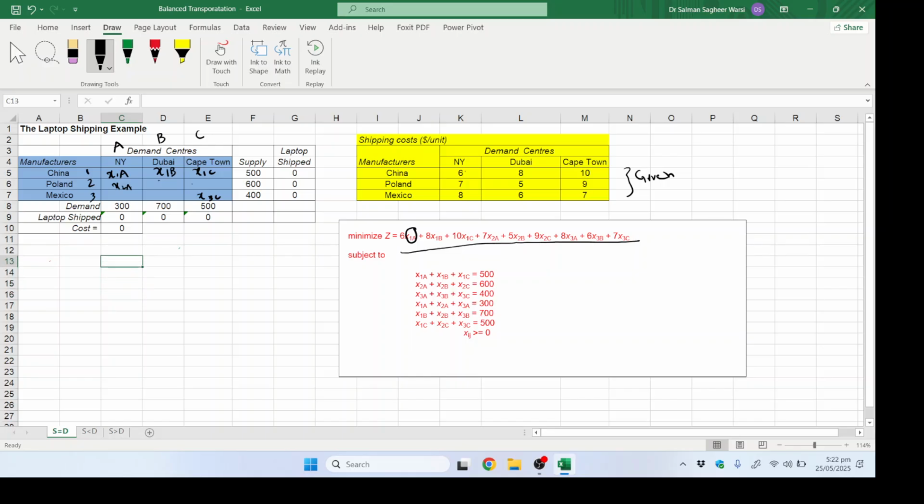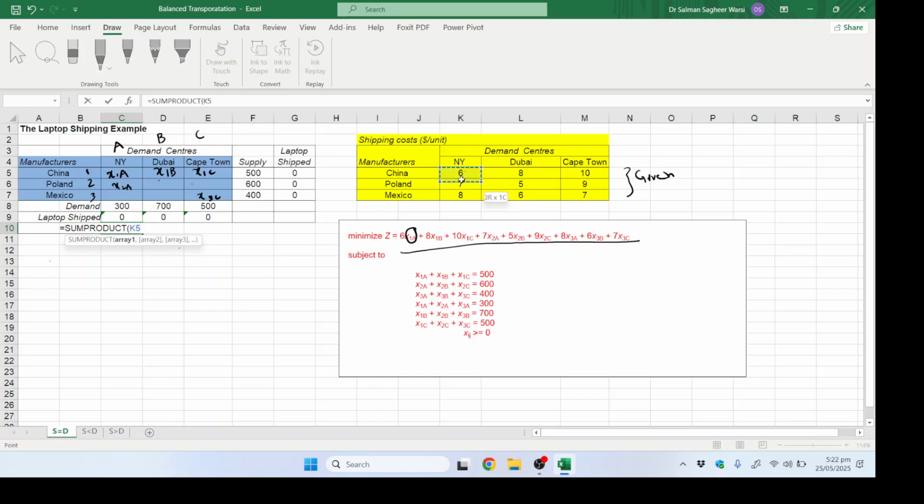To write the formula for the objective function, the unknown quantities, these x1a and so on, will be found by the solver. And the cost data and the unknowns are given in similar array forms. So we will use a formula called SUMPRODUCT. When we double click on SUMPRODUCT, it asks us what are the two arrays that we want to multiply.